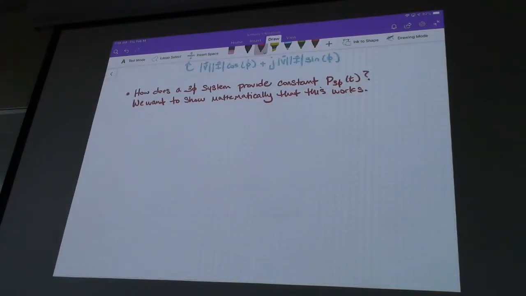Remember, we said in the beginning of the course that this is one of the advantages of the three-phase system, that it's able to provide us this constant power. So in order to do this, there's really two steps to proving this. The first is going to be to write the instantaneous power for all three phases.